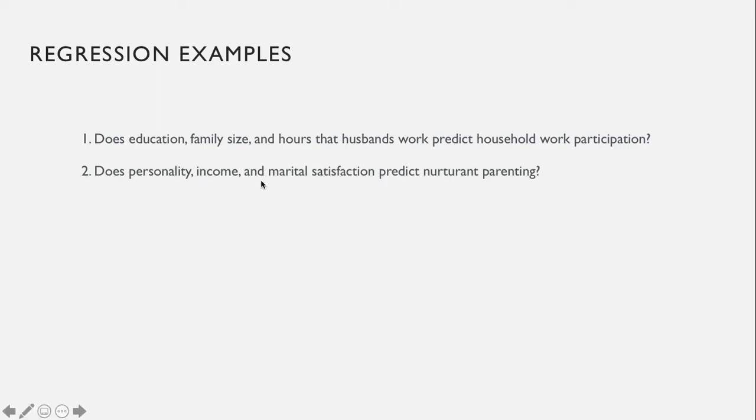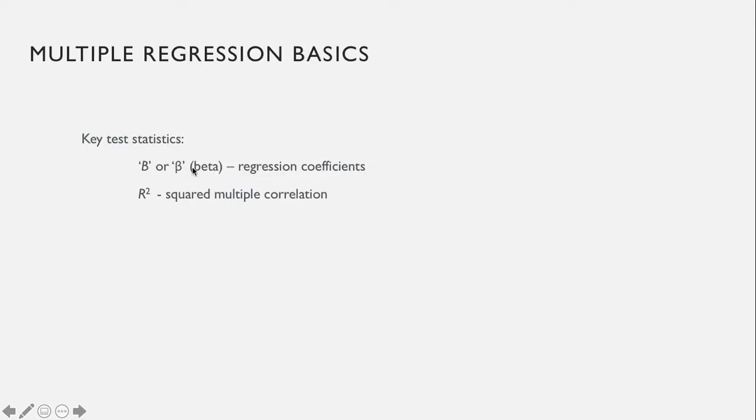And then the second has personality, income, and marital satisfaction predicting nurturant parenting.